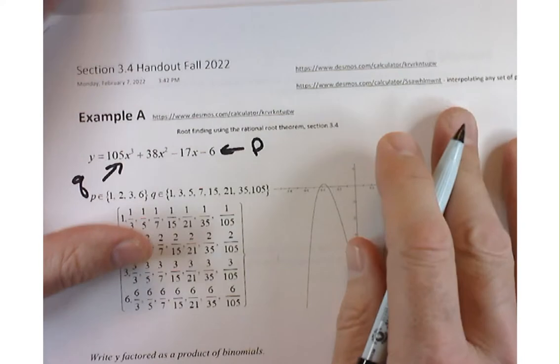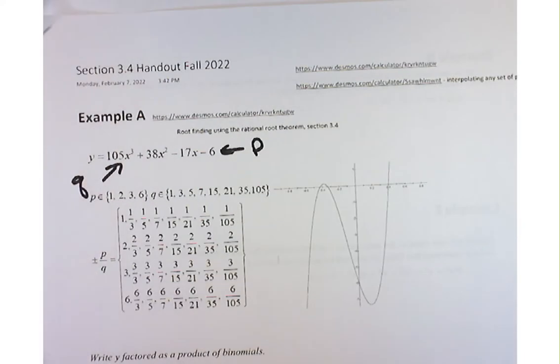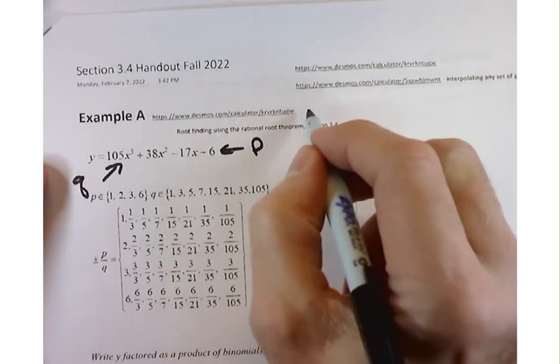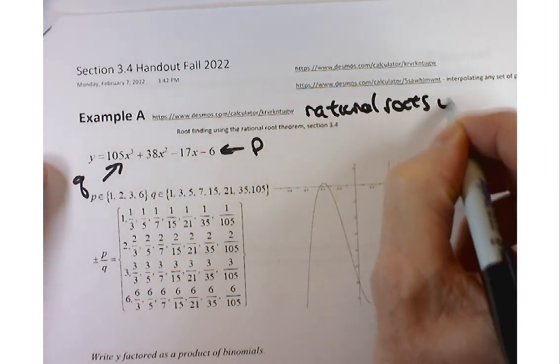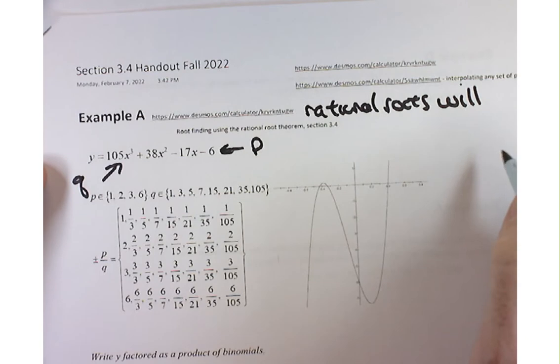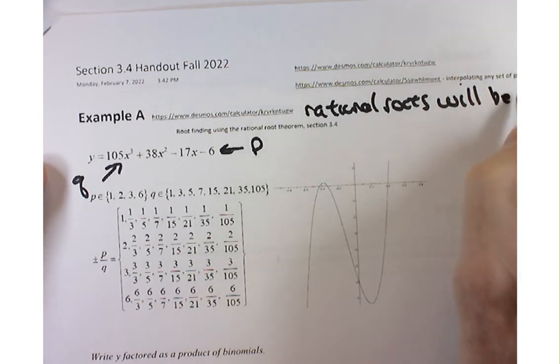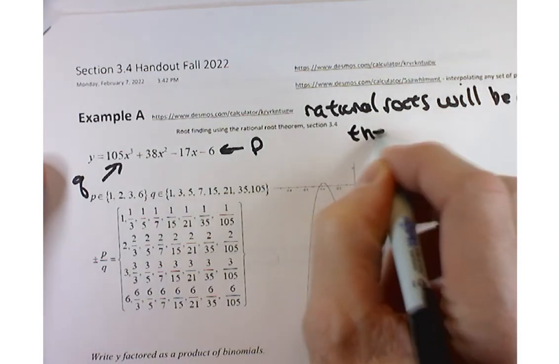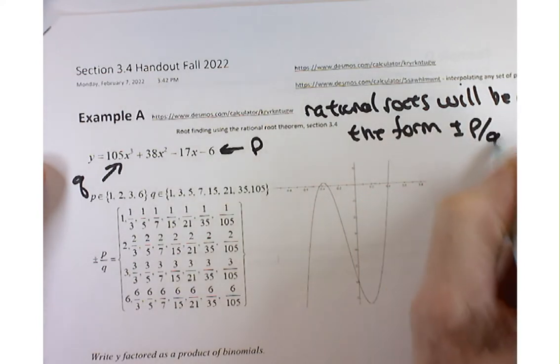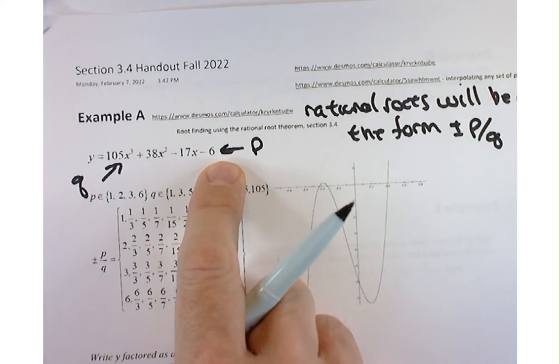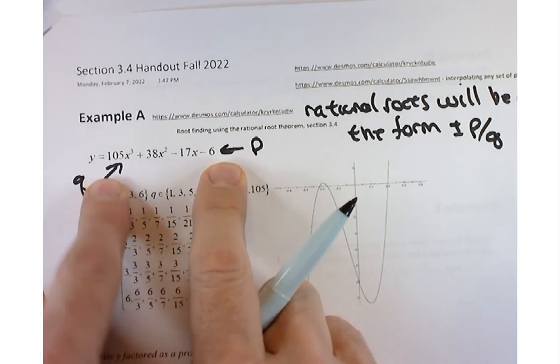So, how do I want to state that? Let's see. Rational roots will be of the form plus or minus p over q, where p is a factor of this term and q is a factor of this term.